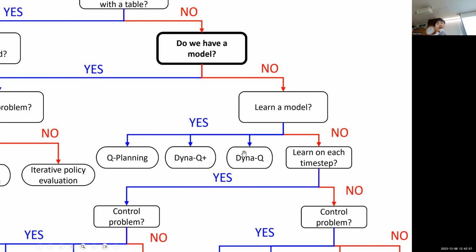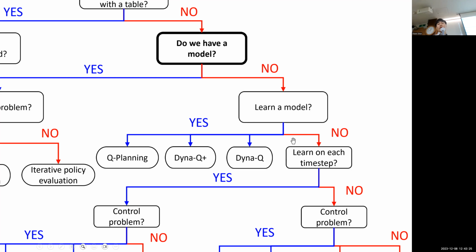It's just the implementation of the planning. Dyna-Q Plus is used because Dyna-Q sometimes fails to discover changes in the environment. So we introduced Dyna-Q Plus, which brings a bonus reward to actions which haven't been tried for a long time. As you recall, the plus means the bonus.